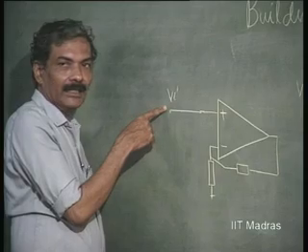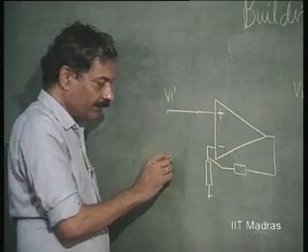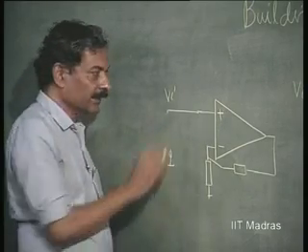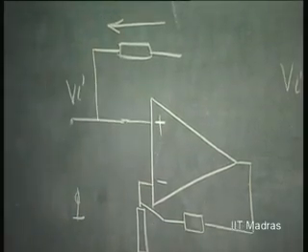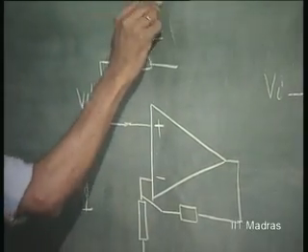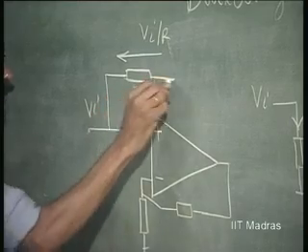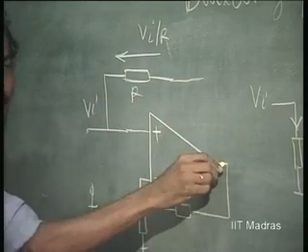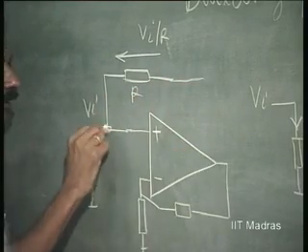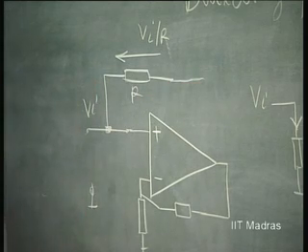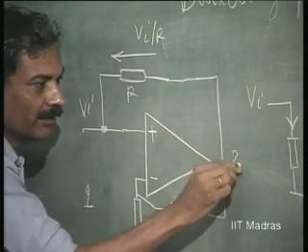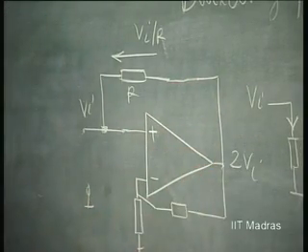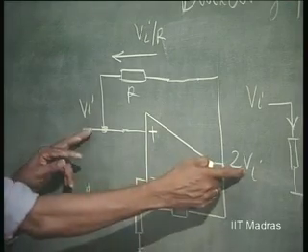If this is Vi, and it has to see a negative resistance, and I put R and it has to see a current in this direction of magnitude Vi by R, obviously the potential across R should be Vi but in the opposite direction. That means the potential here has to be twice Vi. Is this clear? This is twice Vi, this is Vi.